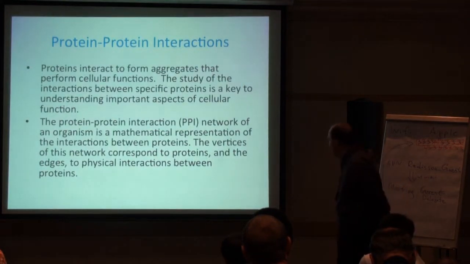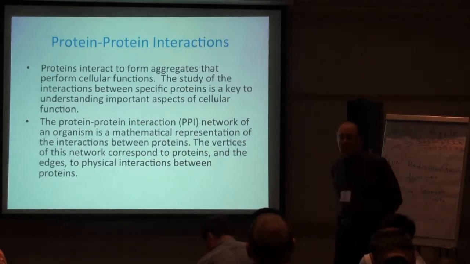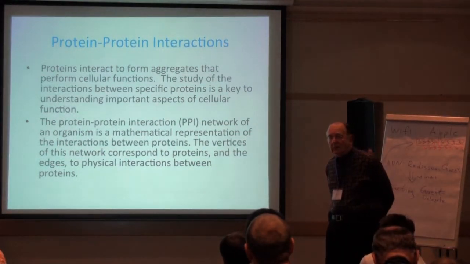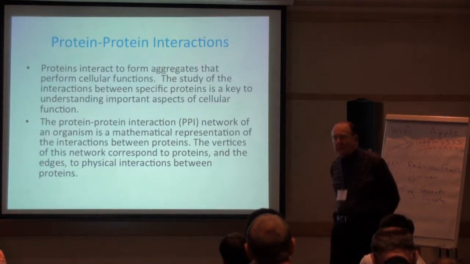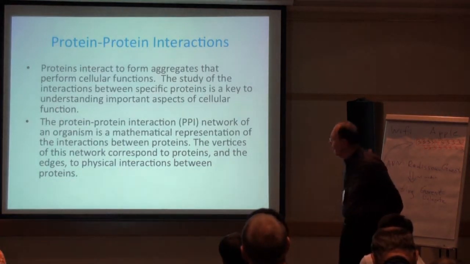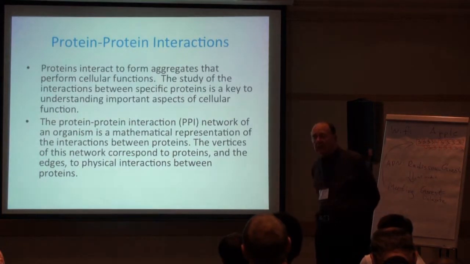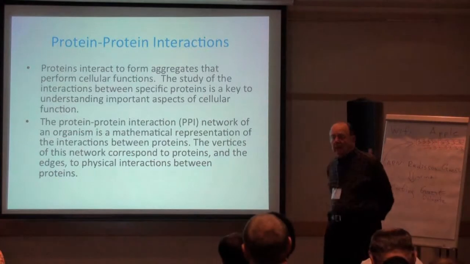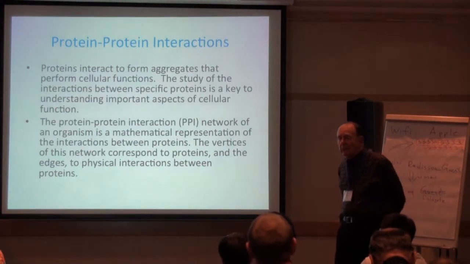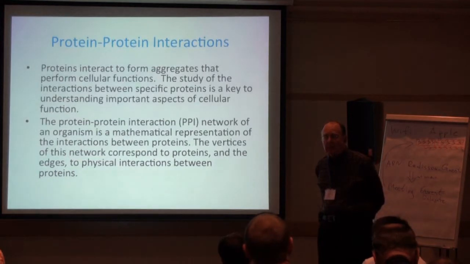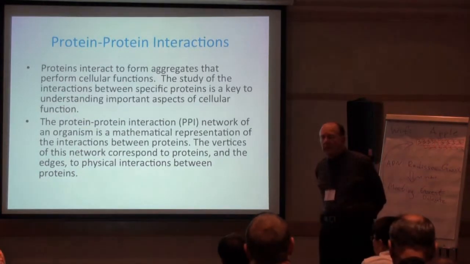It's a network in which the vertices are the proteins of the particular organism, whether it's Homo sapiens or Drosophila or yeast or some other. And the edges in the network, in this undirected network, indicate pairs of proteins where there is some information to indicate that the proteins physically interact.